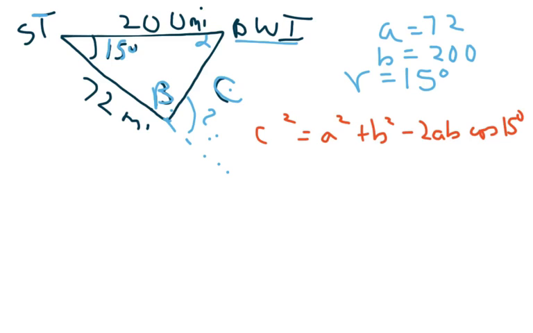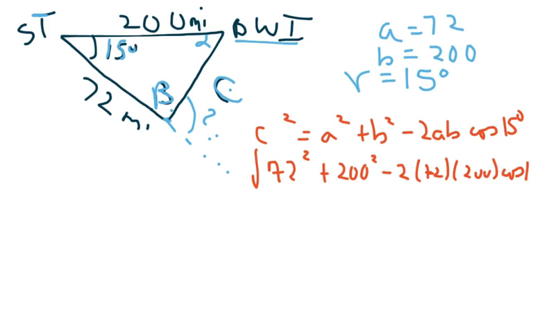You put this in the calculator. So this is 72 squared plus 200 squared minus 2 times 72 times 200 cos of 15. Alright, so when you put all that in and then take the square root of that, we're going to get 131.8 miles approximately.